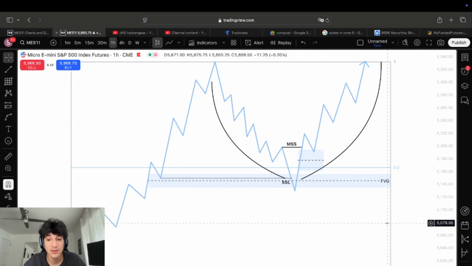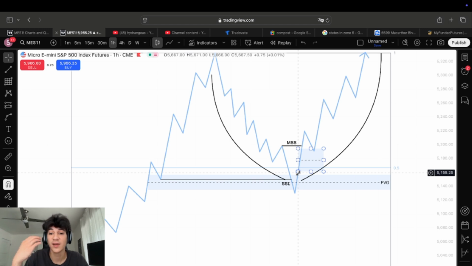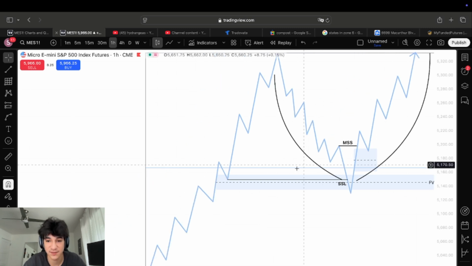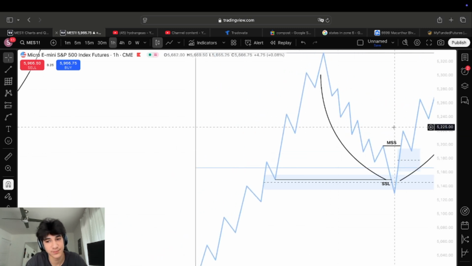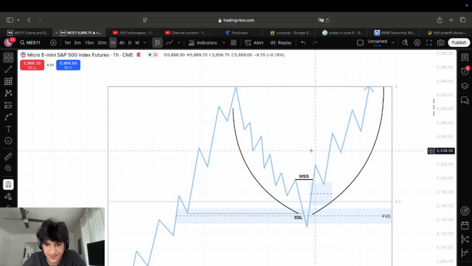Because we get a market structure shift right after. After the market structure shift, you want to see that fair value gap get respected, because it should, because we've now reversed trends, and the fair value gap that is created on the new trend should be respected. If not, then it's manipulation, right? But that's it.